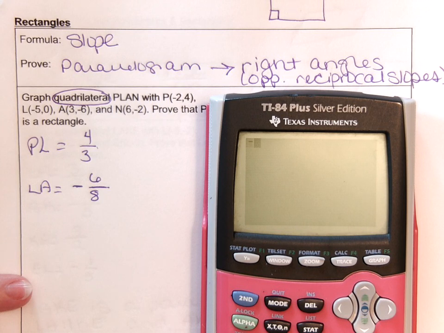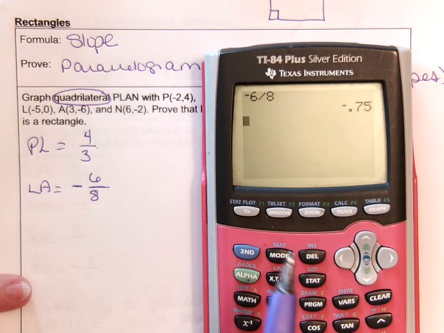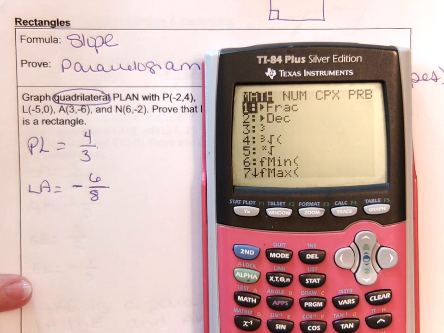So you're going to do -6 divided by 8. Hit enter. It gives you the decimal value. Now we don't like decimals because we can't really compare them. All right. So then we're going to go to the math button right here. So if we hit math, and the first choice is frac, and that's going to simplify our fraction for us.